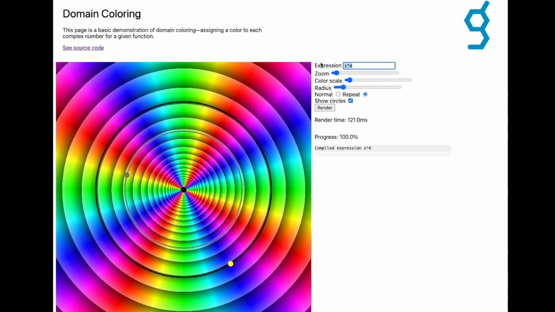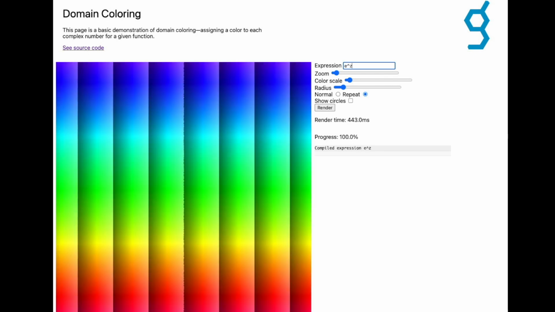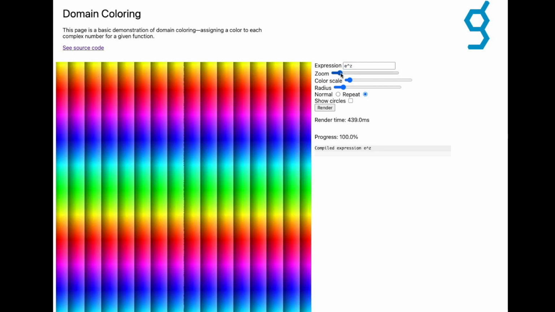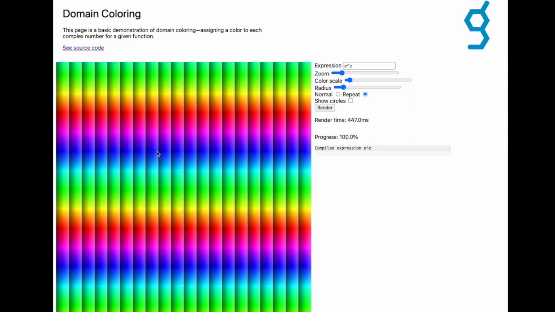Another cool thing is, let me turn these circles off, the graph of e to the z. I'll go back to that. You can zoom out a little bit, and you can see it looks very different than the graph we had earlier. That's because we're now able to graph a larger dynamic range of magnitudes.